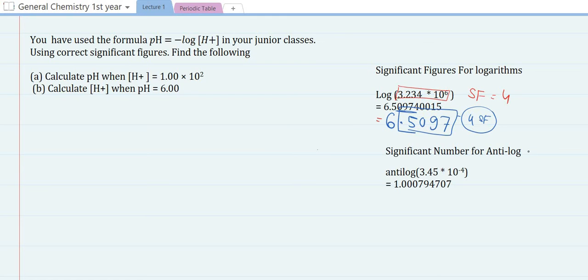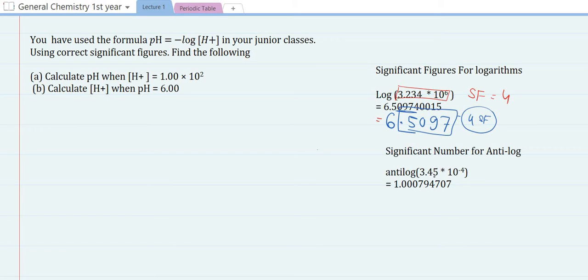When we are calculating the antilog, we should look at the value. For example, what is the significant figure? It is equivalent to a four-digit number. Whenever we are taking the antilog of this term, we should consider the numbers only after the decimal point.